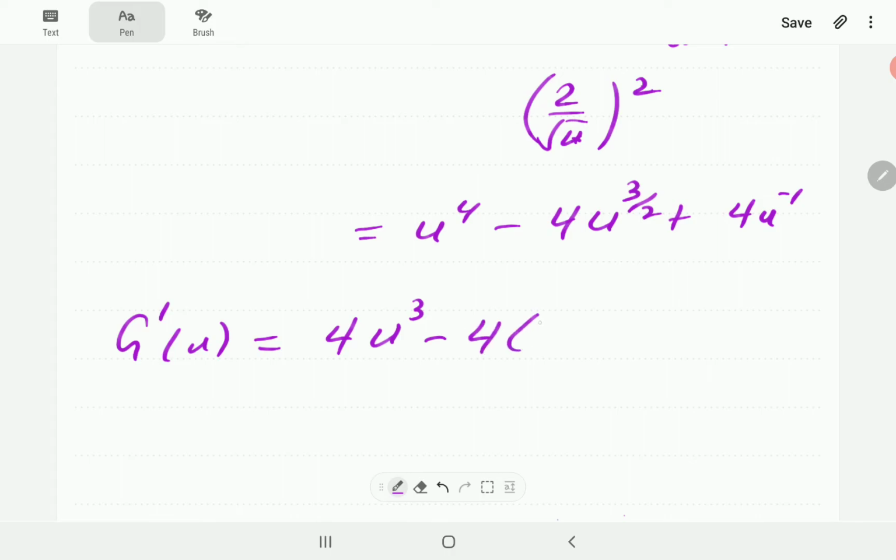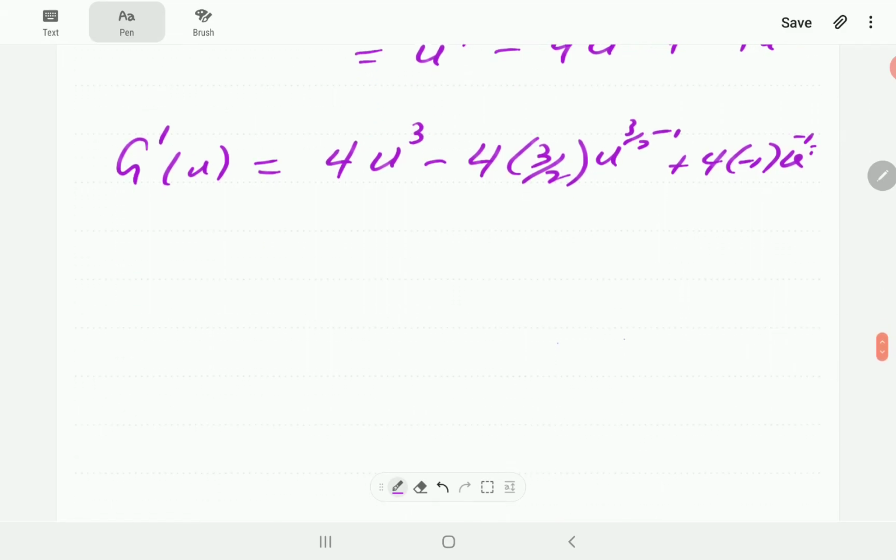For the next one, we multiply by the power, which is 3/2. We subtract 1. And then for the last one, we multiply by -1. We subtract 1.